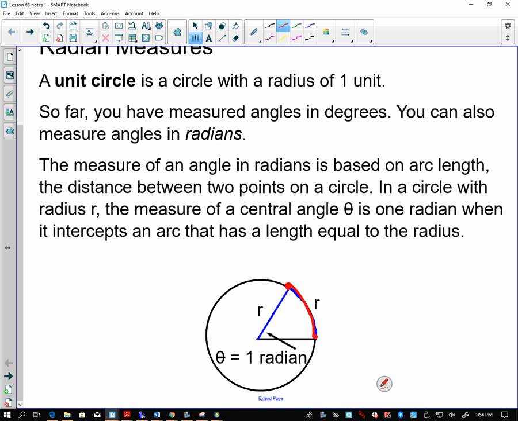So the distance between 2 points on a circle. In a circle with a radius of r, the measure of the central angle theta, which is what's being referenced here, and theta is just a Greek letter. Alpha, beta, gamma, delta, epsilon, and on down the line, but they like to use theta.